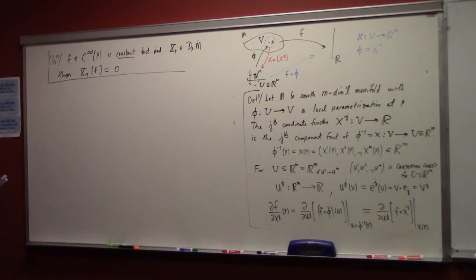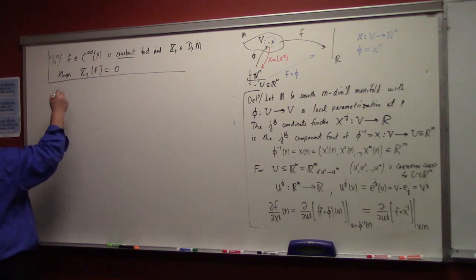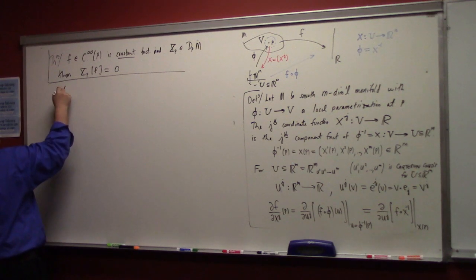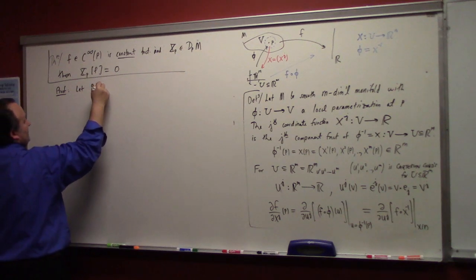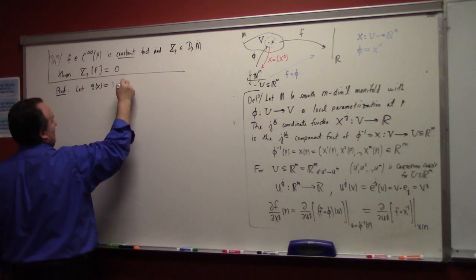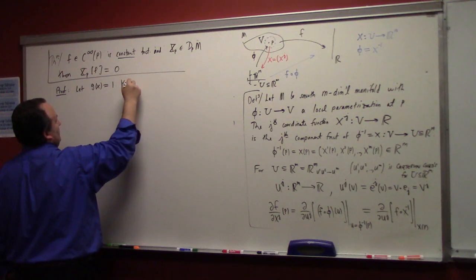And how do we prove that? So the proof goes something like this. Let g of x equal 1 for all x near p.